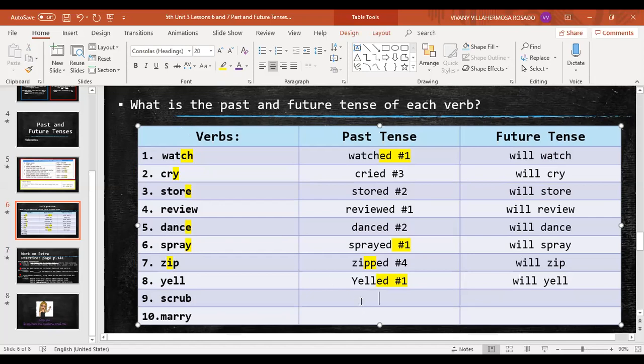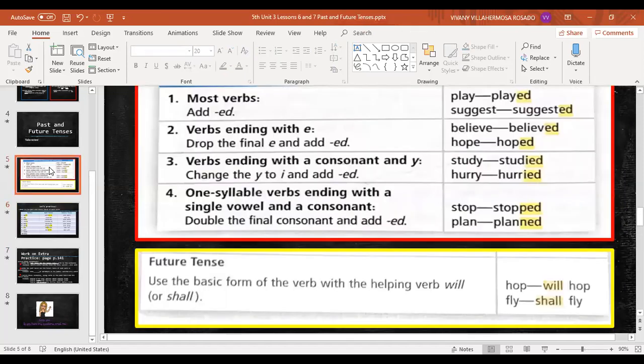Okay, so now we look at the next word, and we have scrub. Okay, scrub. I don't know what I have to do here. I know for a fact, and then I go back to my rules. I don't know if I have to use number 1.